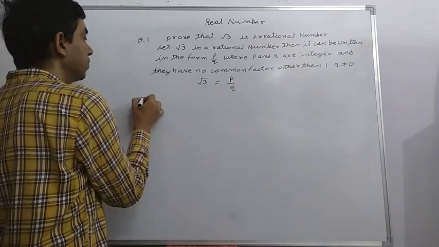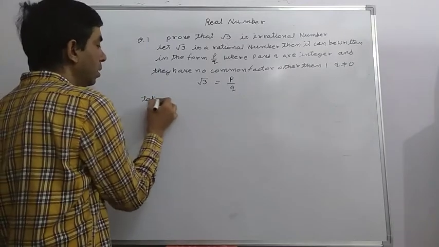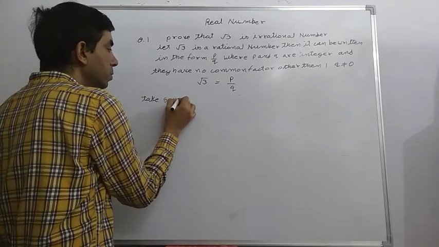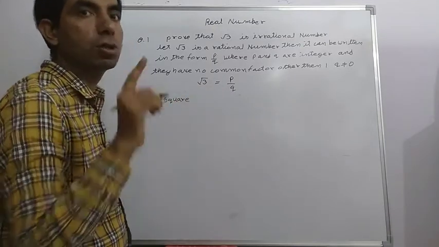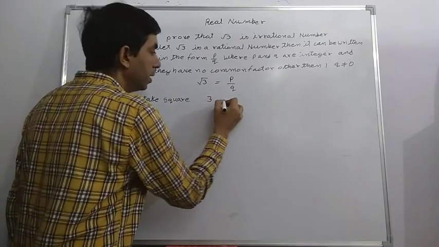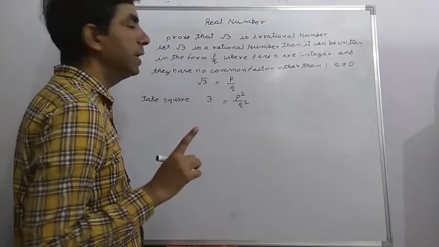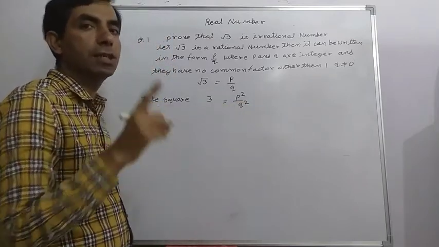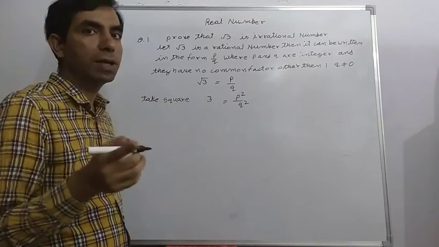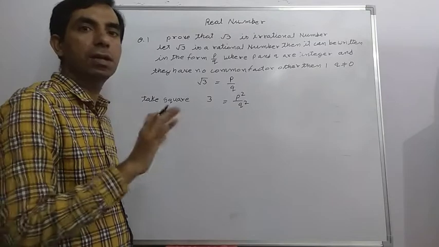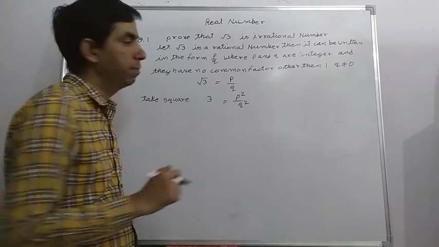To solve it, first we take the square, because after squaring the root is cancelled. The square of root 3 is 3, since the square of a root of any number is that number. So 3 is equal to p square upon q square. Every time we keep the alphabet in the numerator and the number in the denominator. Numbers already in the denominator do not change; if they are in the numerator, we move them to the other side.